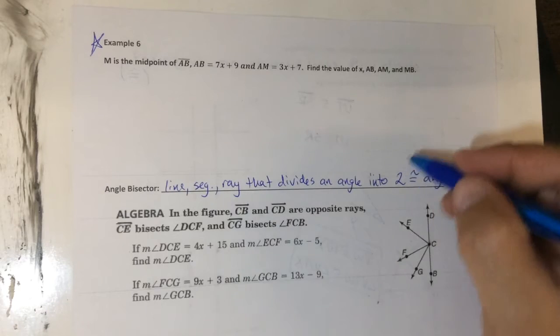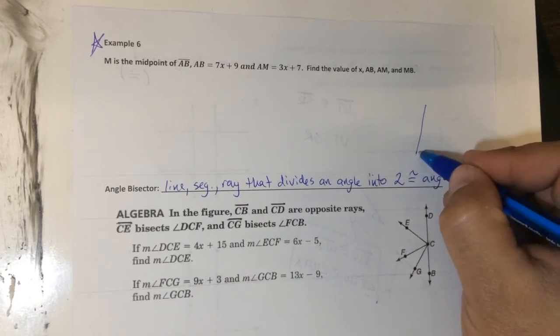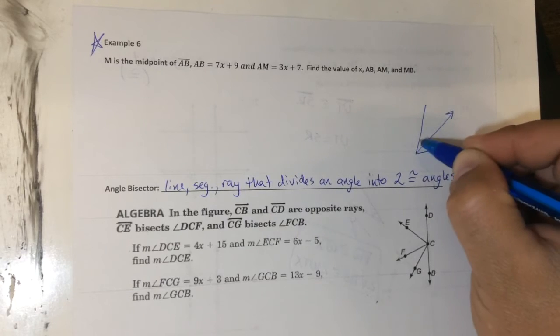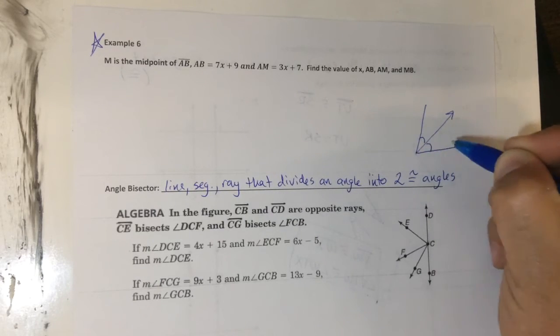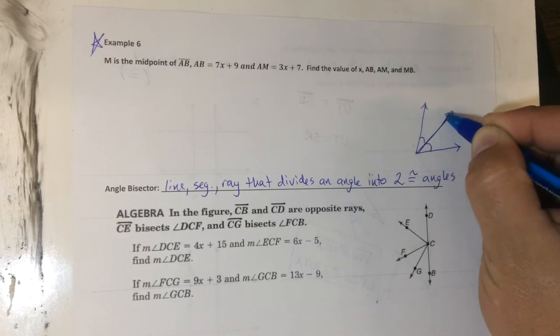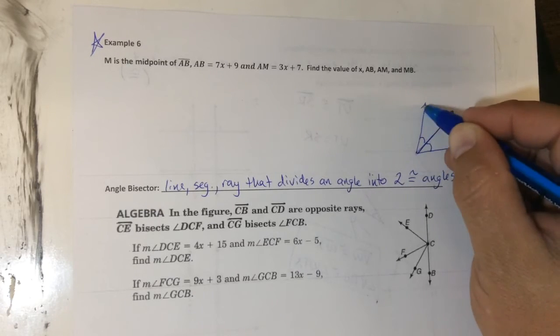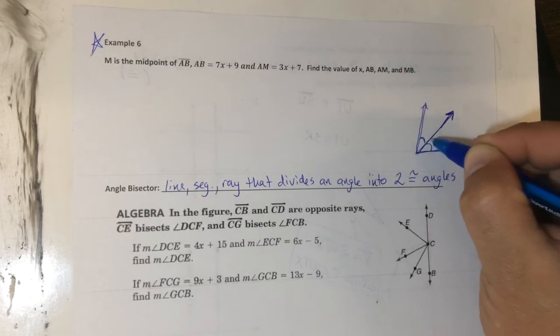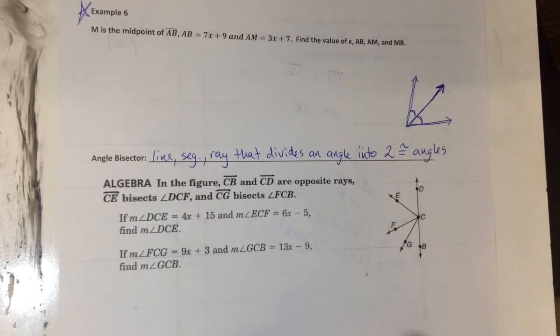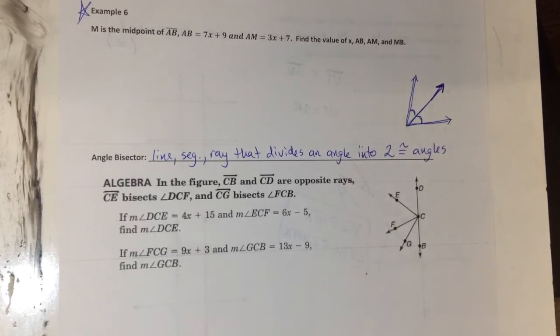All right? So it'll look something like this. If I give you an angle like this, and I draw an angle bisector, I would always mark it so that these are congruent angles. This ray right here is called an angle bisector. It splits my big angle into two congruent angles. All right? And so we're going to work on some problem solving using angle bisectors.